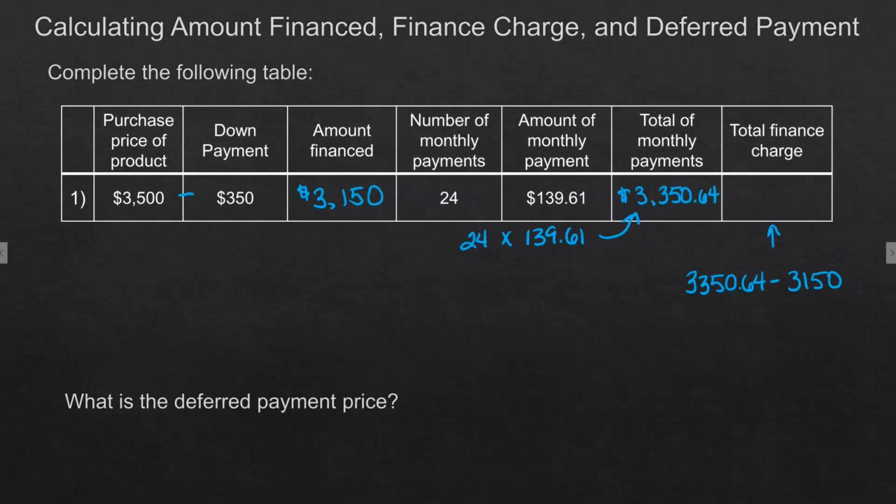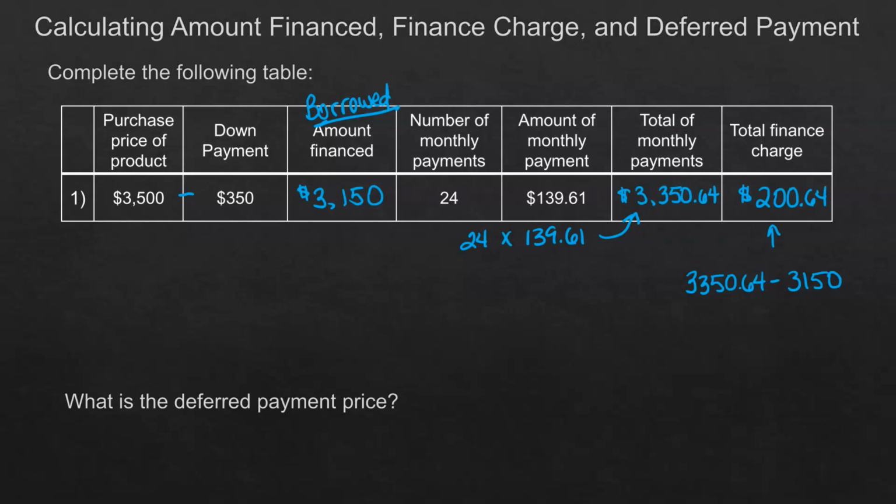So that's how much we borrowed, right? We borrowed this amount right here. Okay, so then we subtract the amount borrowed, and we end up with a finance charge of $200.64. That would also be considered the amount of interest we paid, right? The finance charge is the amount of interest, and so we actually can call it either one.